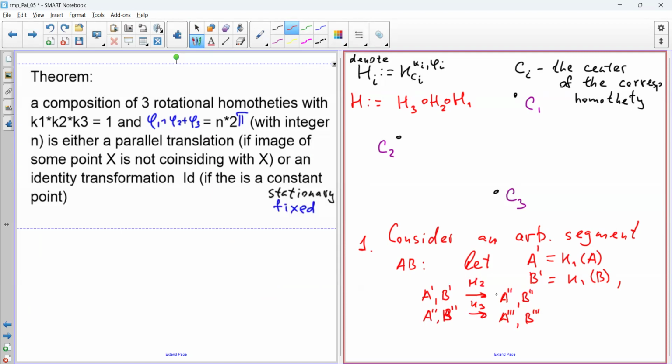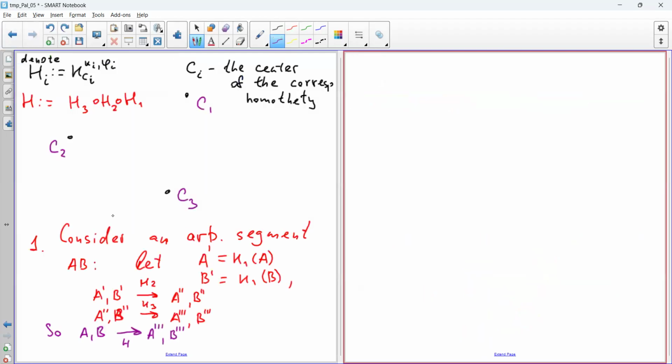That technically means that A and B would be sent to A triple prime, B triple prime by the composition H. How does it look? You should perceive that, if it's not very familiar. It raised many questions for me when I was first looking at these problems.